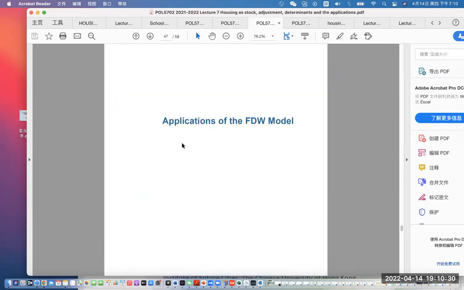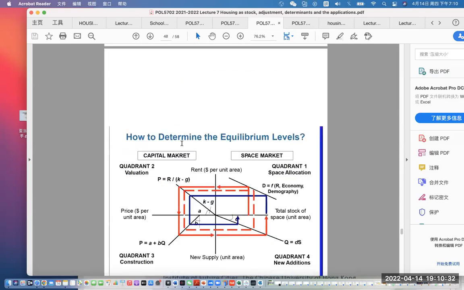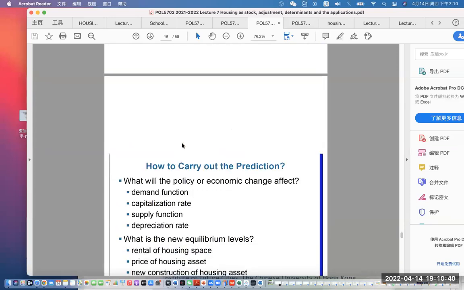And this one also, I suggest you focus on: how to determine the equilibrium levels if you use housing as the example, right?